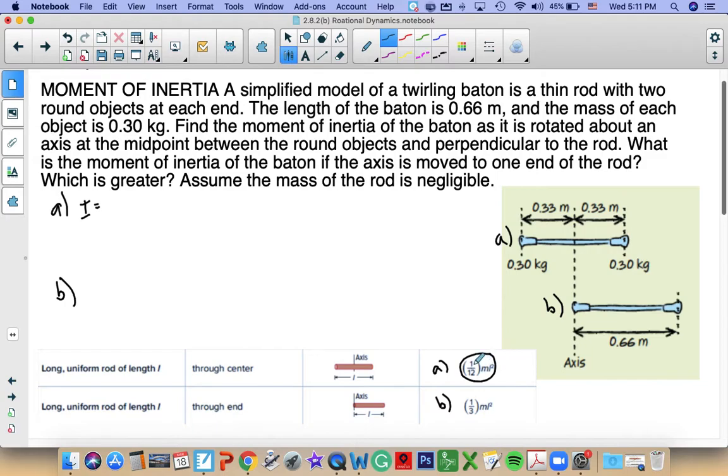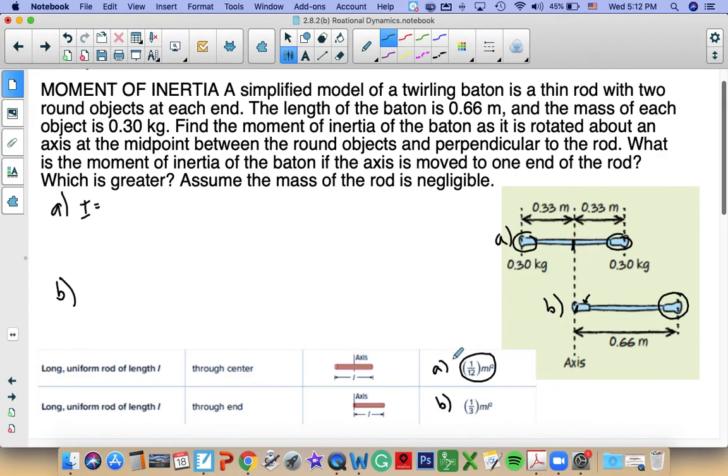Okay, so now the difference between A and B here, you're not just going to be able to use that equation one time. For this one, we can, because remember, this is our point of rotation, so we don't even have to think about that. We have the main mass that is out there. Now for this one, we have to consider that mass and that mass because they're both rotating around that central axis.